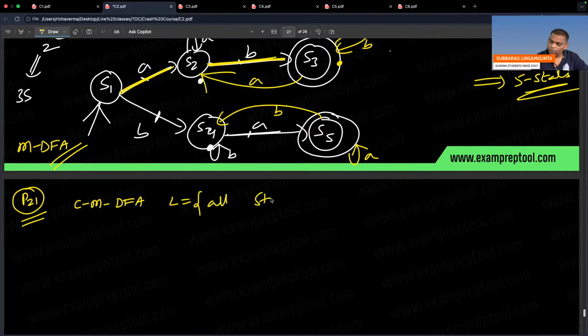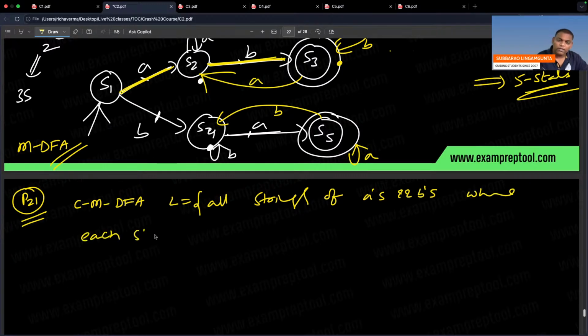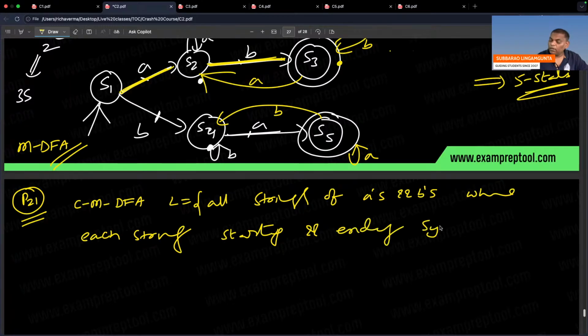all strings of A's and B's where each string, careful, very interesting problem, where each string's starting and ending symbol are the same.